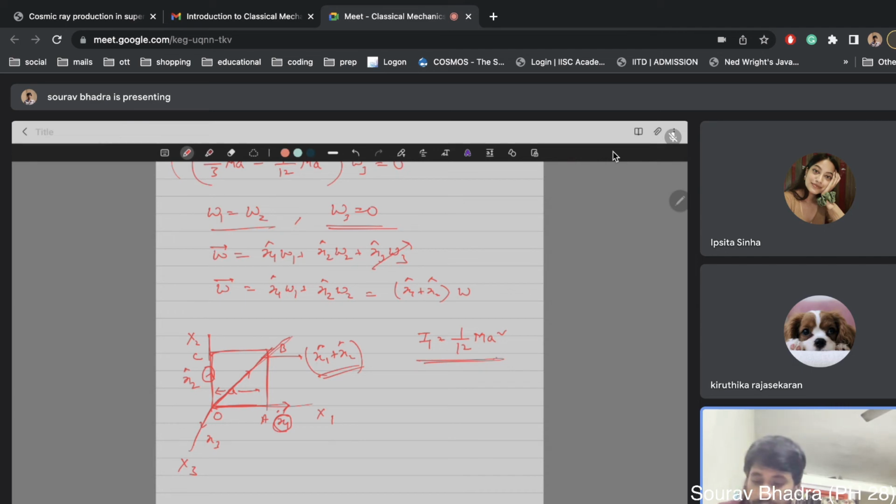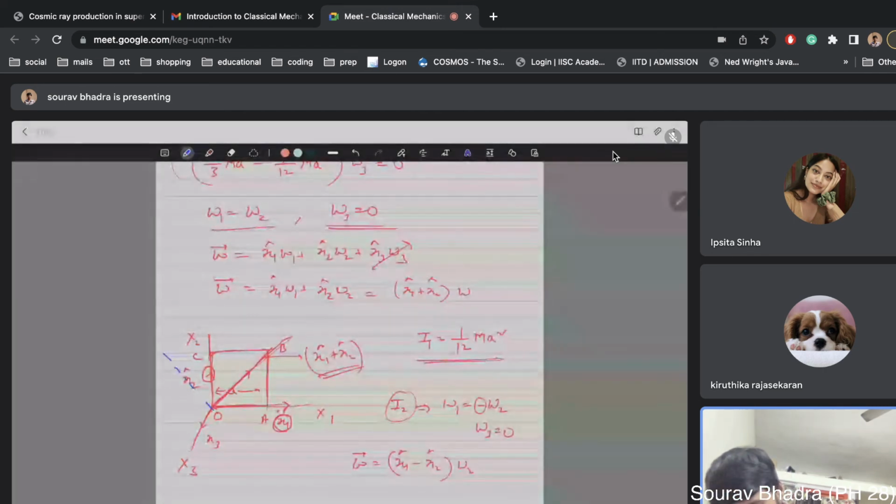Now in a similar way, if you substitute your I2 in that particular equation, you will get omega 1 equals minus omega 2 and omega 3 equals 0. So your final omega will be x1 minus x2 omega 2 because of this minus sign. Okay, so the x1 minus x2 coordinate is actually this coordinate, which is perpendicular to the OB axis, right?